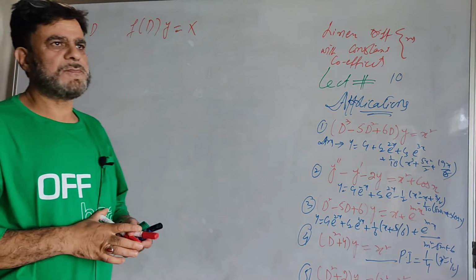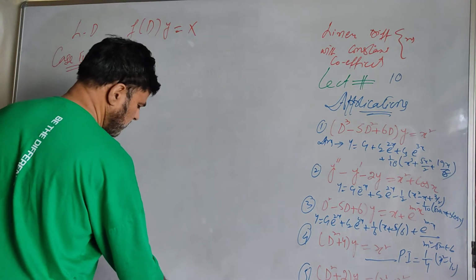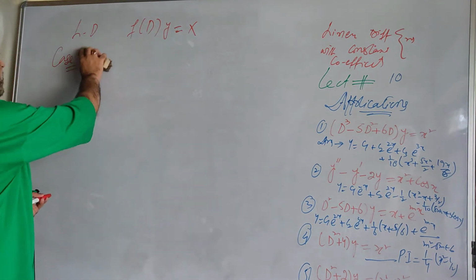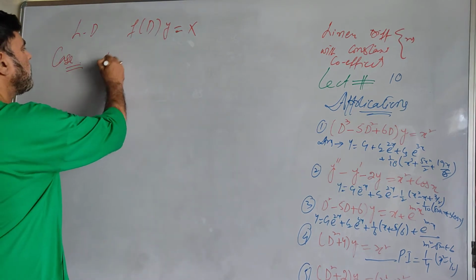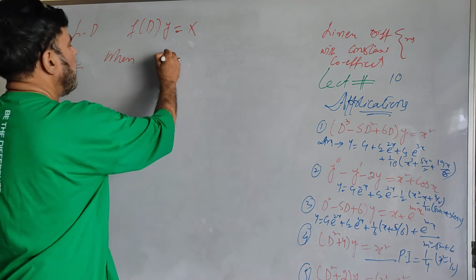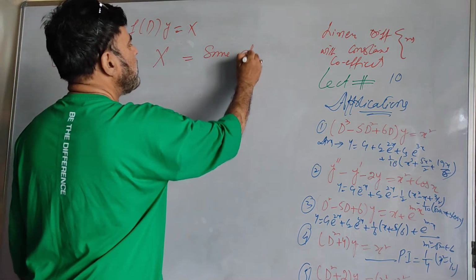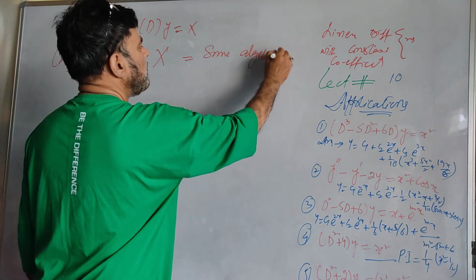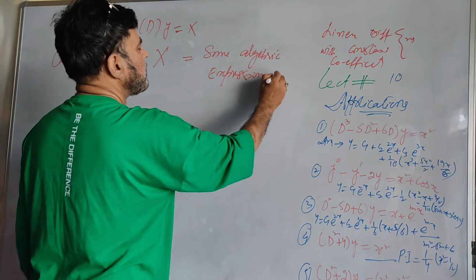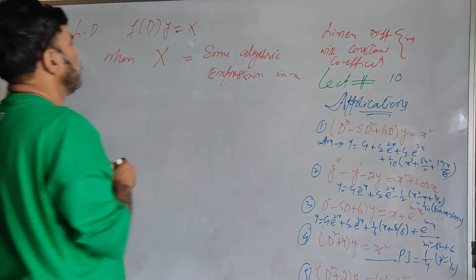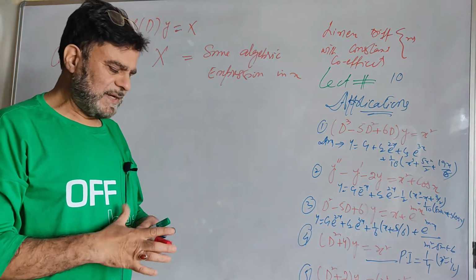Case first was exponential, then it may be case third or fourth. It is the case when X is equal to some algebraic expression in x, because the independent variable is here x, so we say it is some algebraic expression in x.